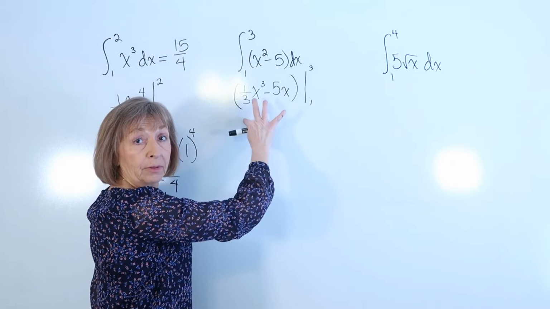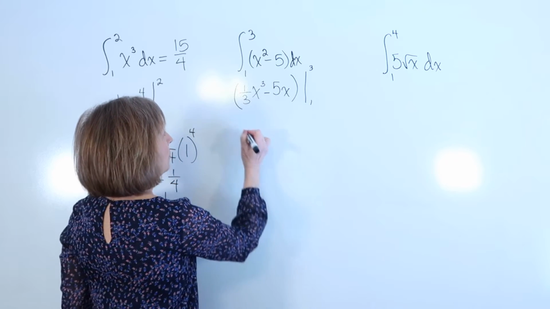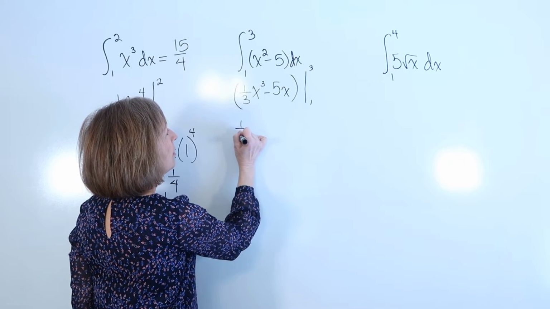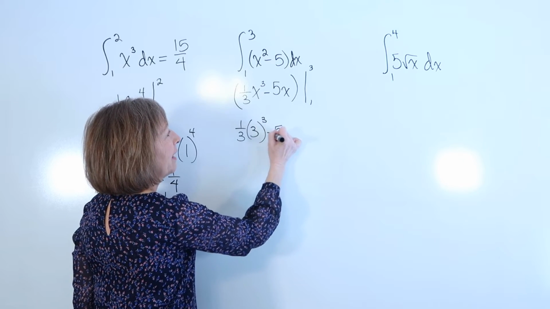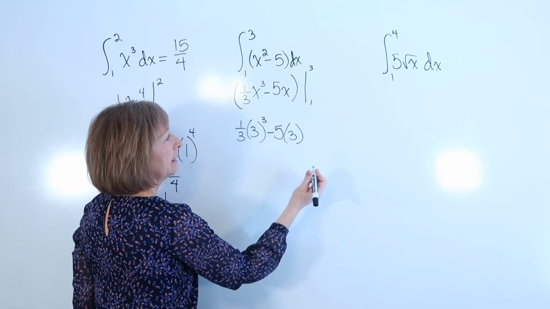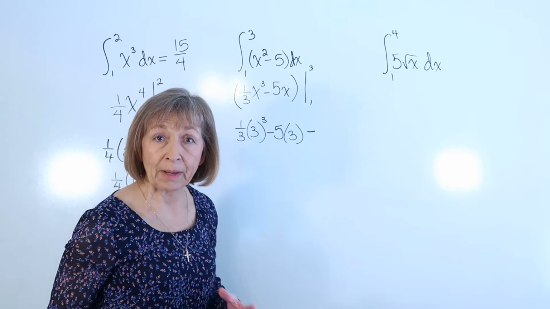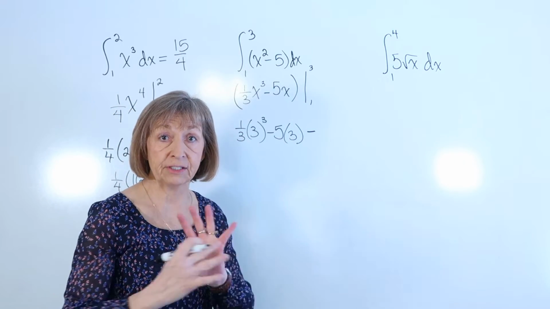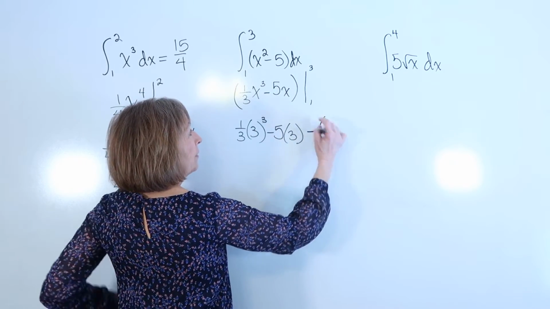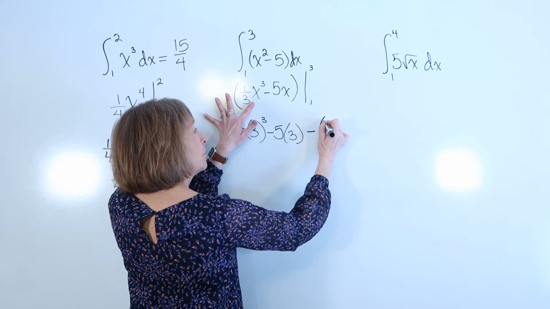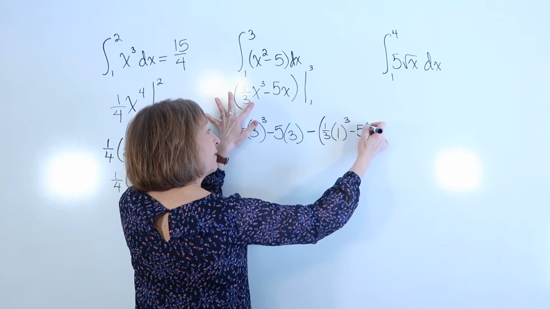Plug in the upper limit first, minus plug in the lower limit. So this is 1/3 times 3 to the 3rd minus 5 times 3. And then subtract off of that. With more than one term, I have to remember to put parentheses around plugging in the 1. So open parentheses, plug in the 1, so it's 1/3 times 1 to the 3rd minus 5 times 1.